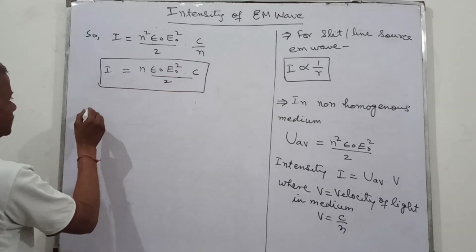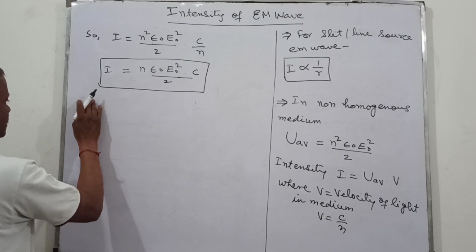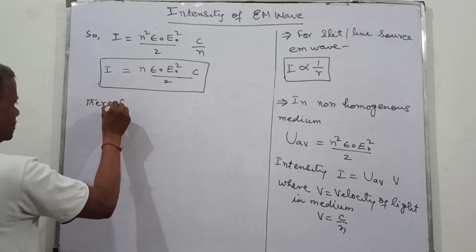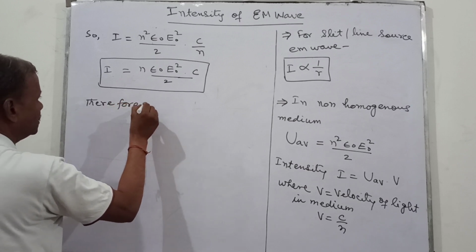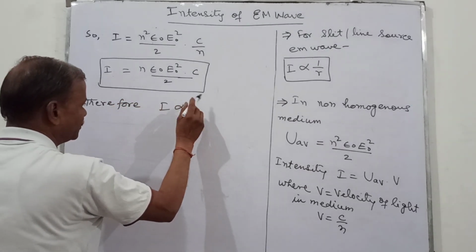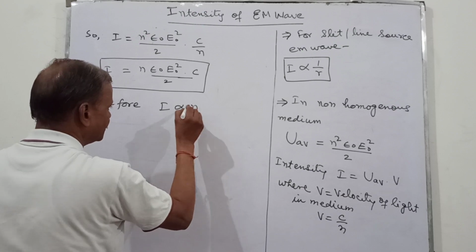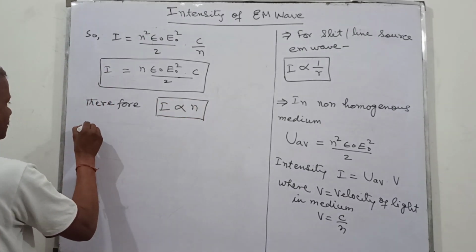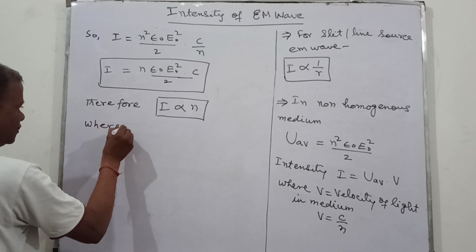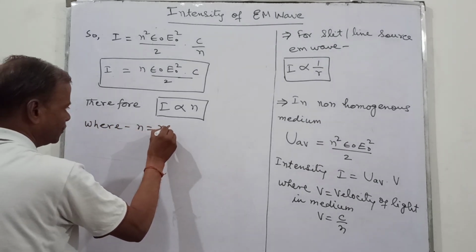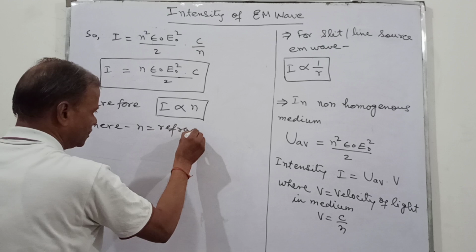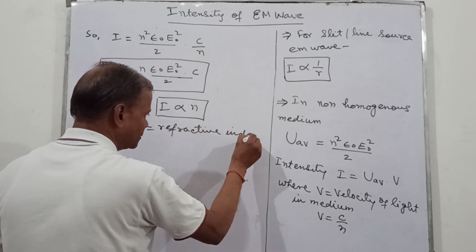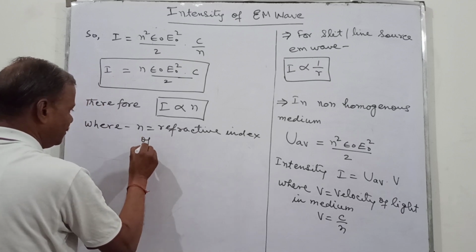Therefore, this I is proportional to N, the refractive index, where N is the refractive index of the medium.